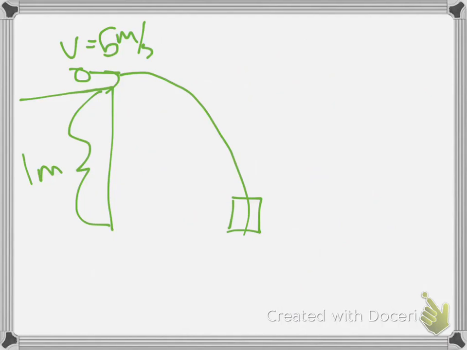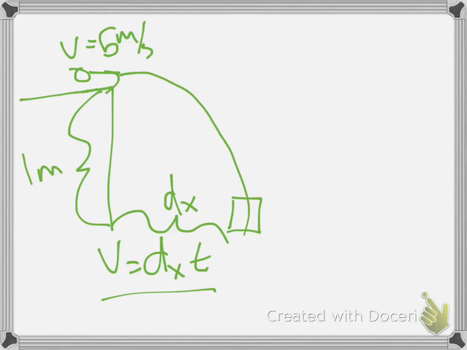That means if we could figure out how long it takes to fall, then we would know this distance. How do we know that distance? Well, because in the x direction, this is distance in the x, velocity is related to distance and time by that simple equation. Okay? Because there's no acceleration, we can use that.